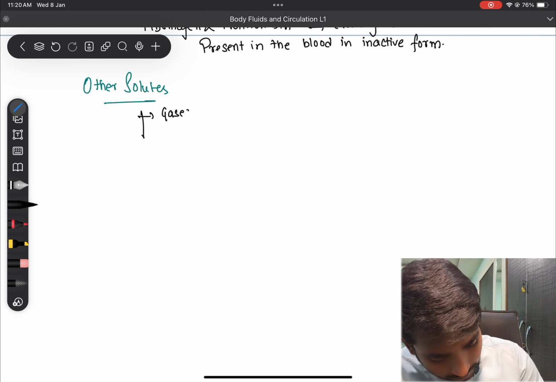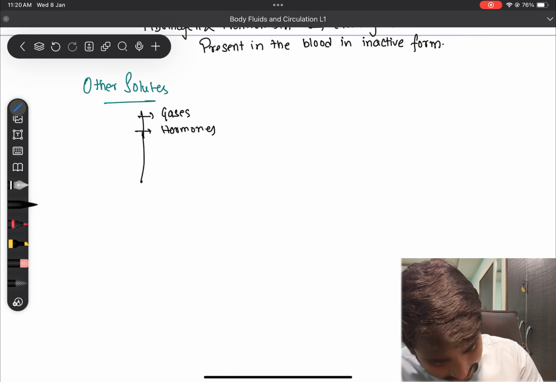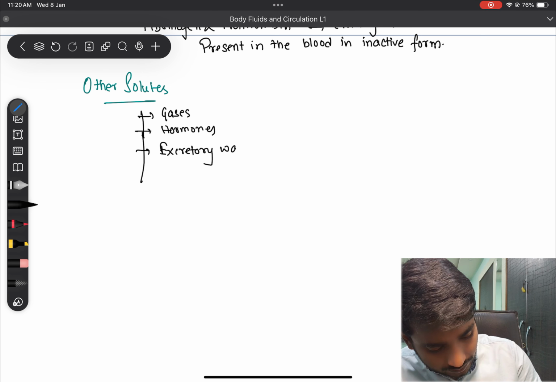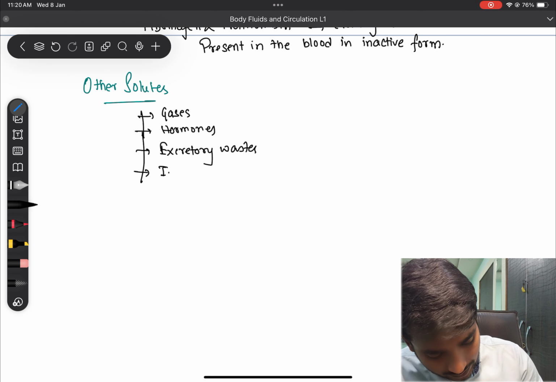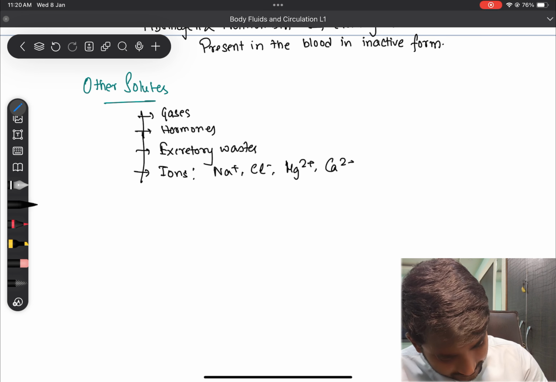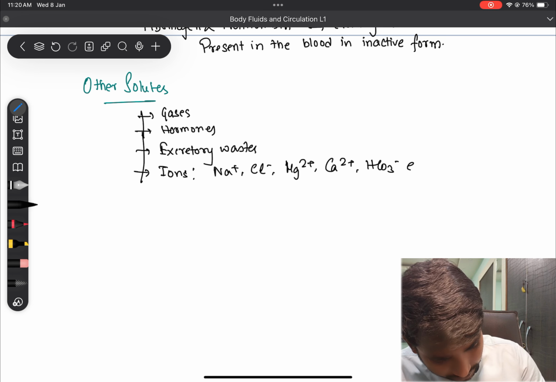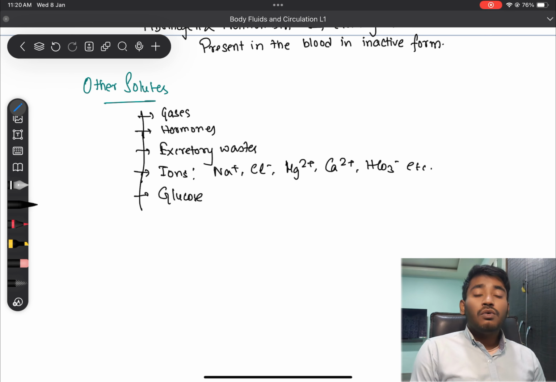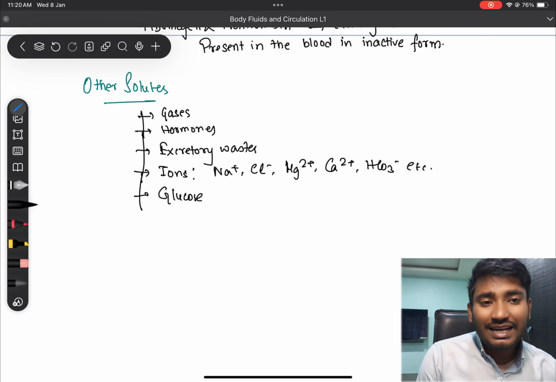Gases, hormones, excretory wastes, ions like sodium, calcium, chlorine, magnesium, bicarbonate, etc. And the last one is glucose, plasma glucose. We test the blood of a diabetic patient as plasma glucose.